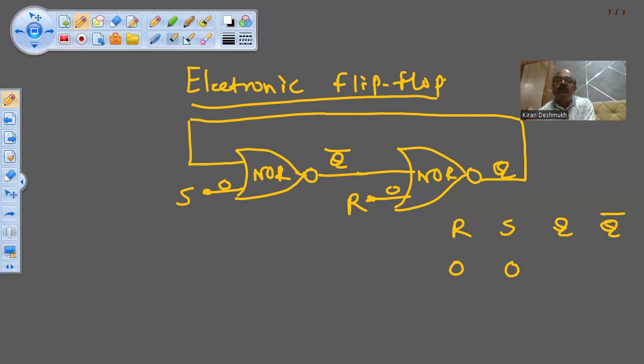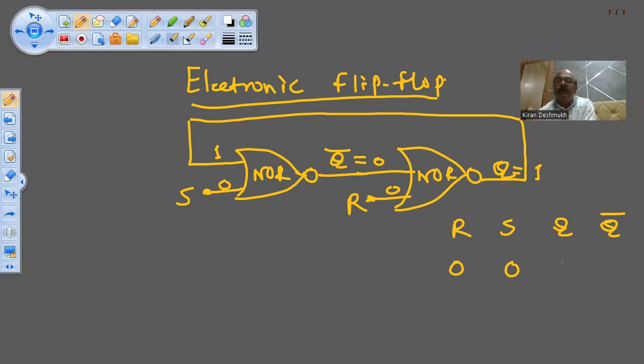Whether the Q will be 0 or 1 depends upon whether this Q bar is 0 or 1. Correct? So if the Q bar is 0, then both the inputs will be 0, then the output Q will be 1, NOR gate. So this 1 will be here, and therefore this output will be 0. So it all depends upon what is the condition of Q and Q bar.